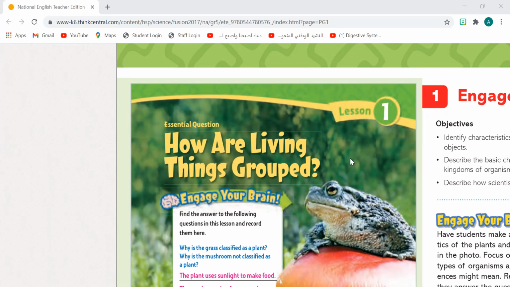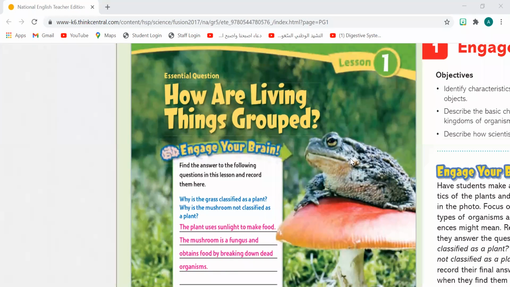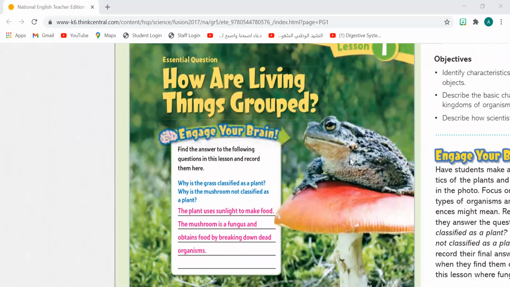So why is it not classified as a plant? Because it doesn't have chloroplast. It doesn't make food from sunlight. So the plant uses sunlight to make food, but the mushroom is a fungus. We call it fungus, and it obtains food by breaking down dead organisms.